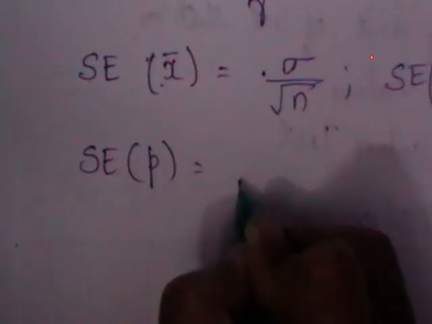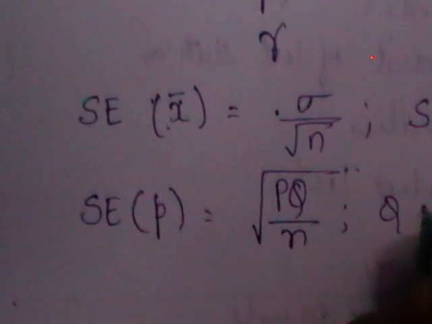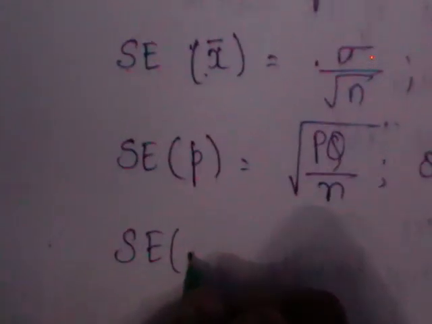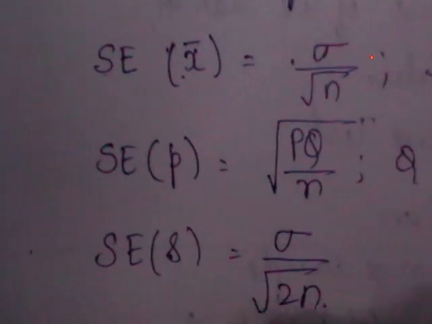What is SE of p? It is root over PQ by n, where Q is 1 minus P. What is the standard error of s? Sigma by root over 2n.